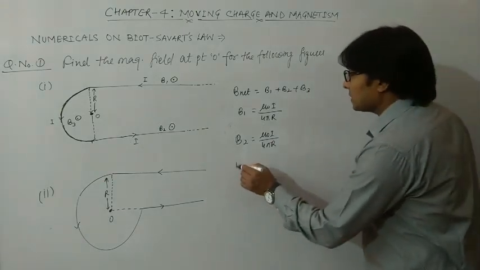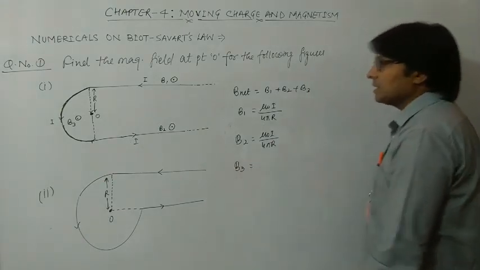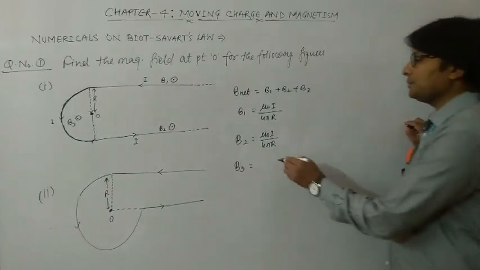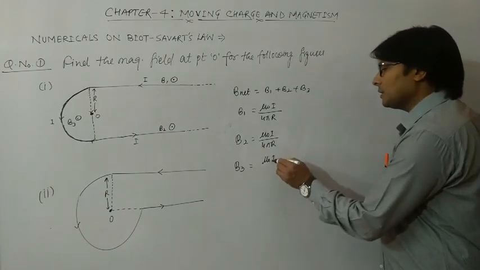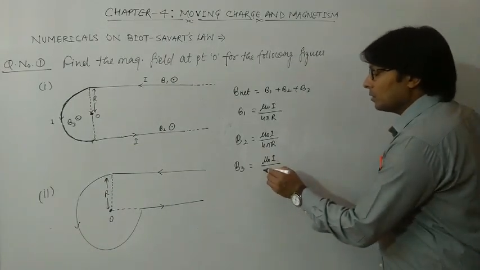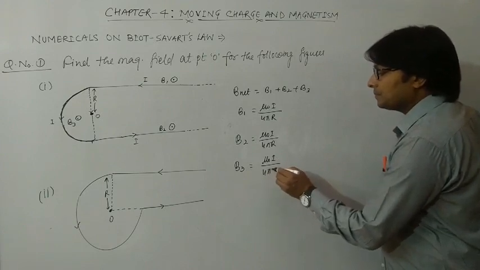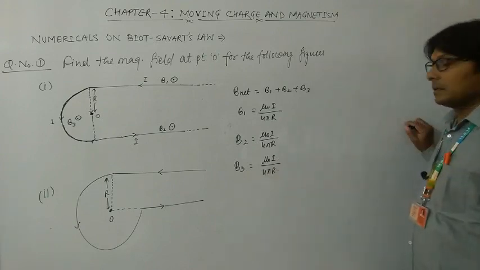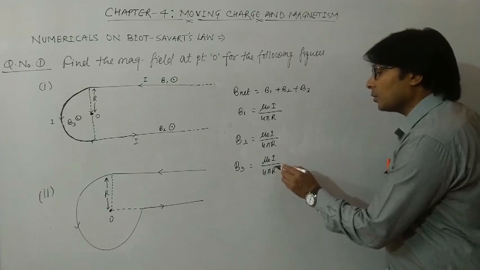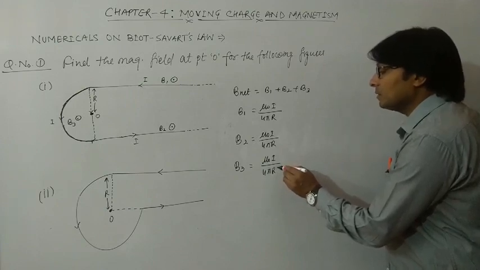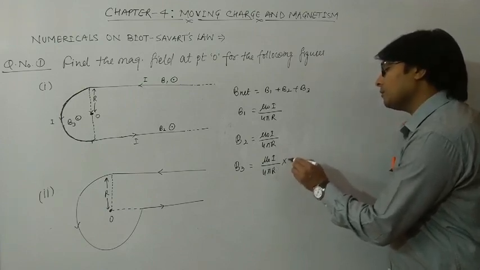Now what is the value of B3? B3 is equal to mu 0 I upon 4 pi r square, or we can say mu 0 I upon 4 pi r into alpha.